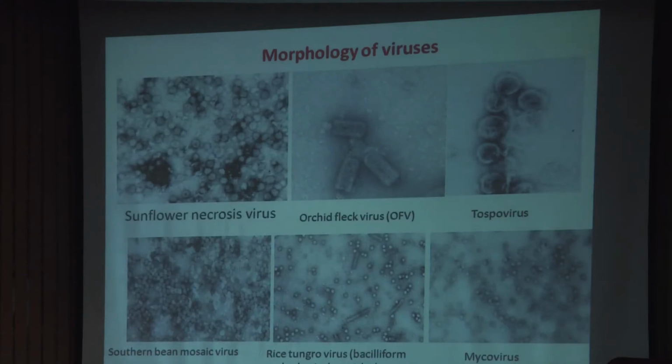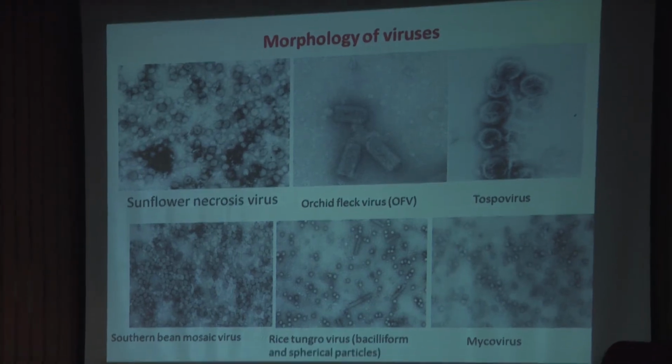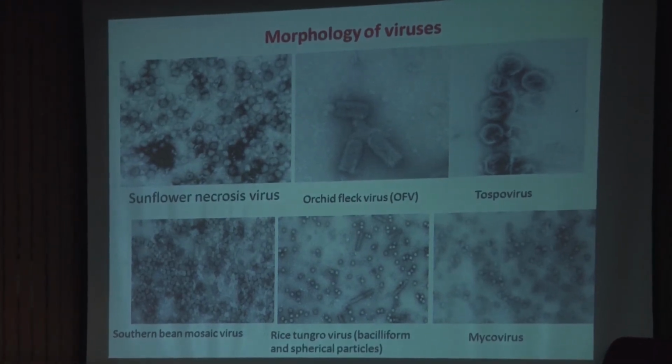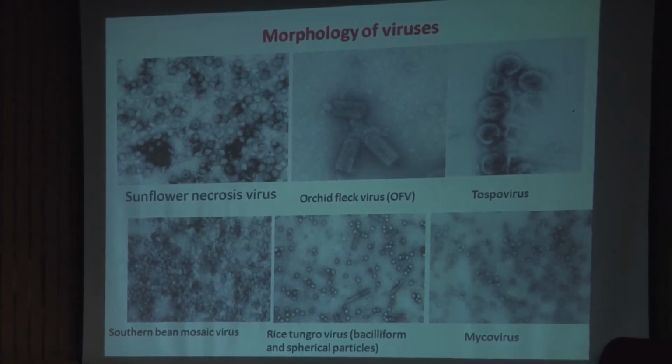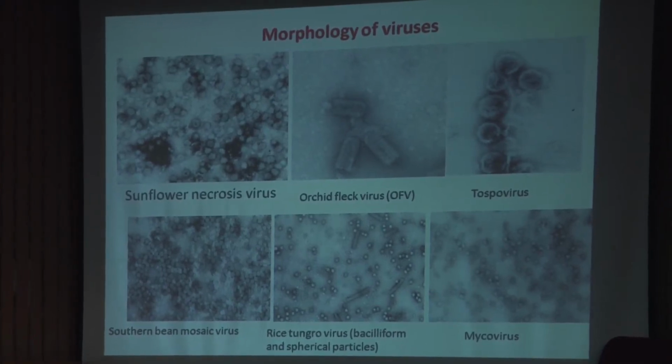Similarly, some other viruses like sunflower necrosis and orchid fleck virus have bullet-shaped particles, and Tospoviruses are about 100 to 110 nanometer in diameter with a membrane. Other viruses like southern bean mosaic are again isometric particles, and rice tungro has bacilliform and spherical particles, and some mycoviruses are also spherical.